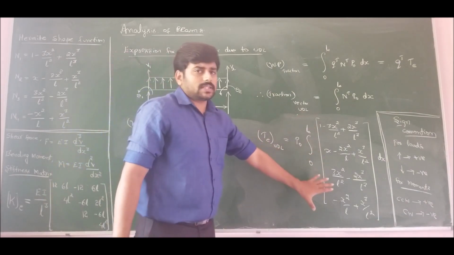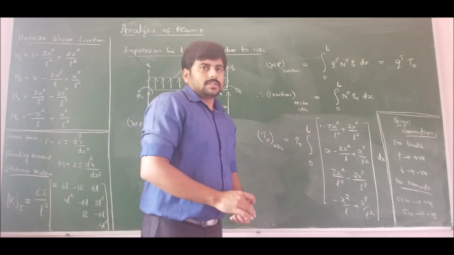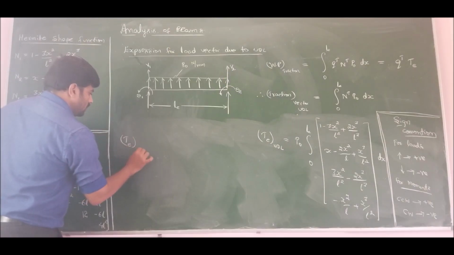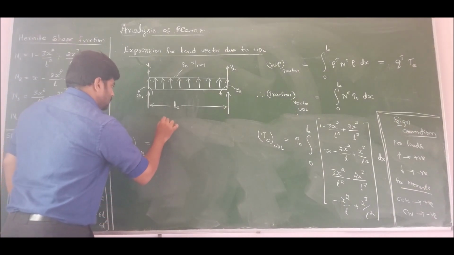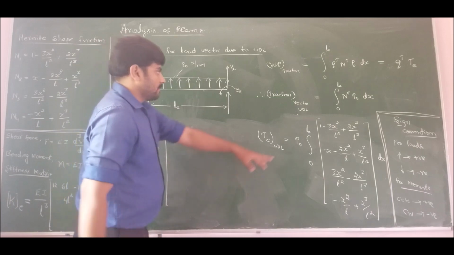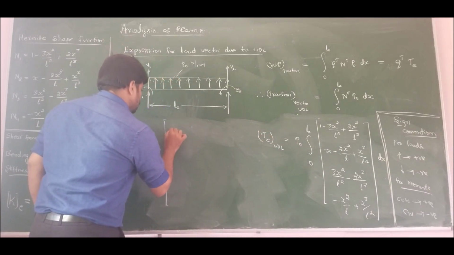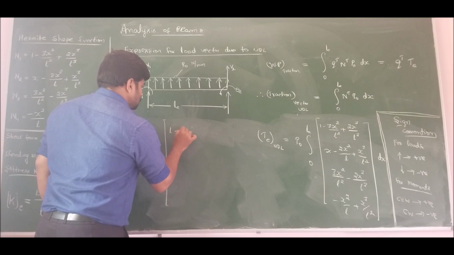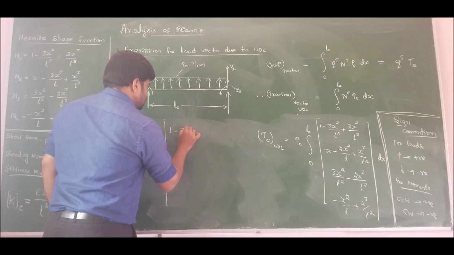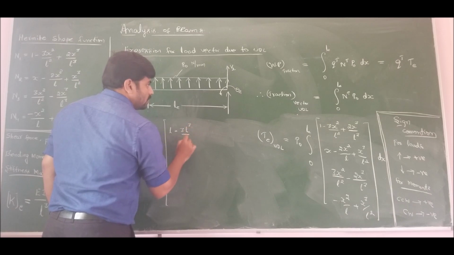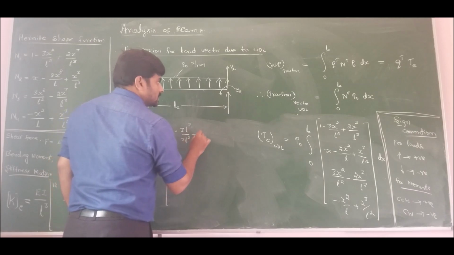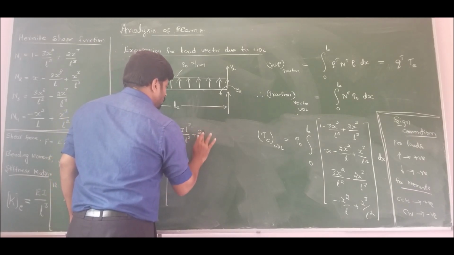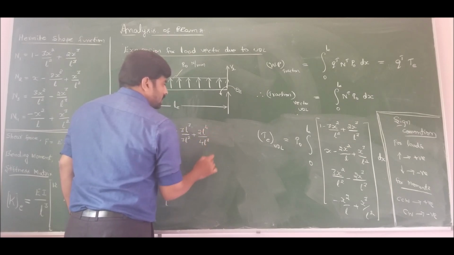So now let me integrate these shape functions with respect to x and substitute the limits 0 to LE. Traction force due to uniformly distributed load is equal to P naught times: integrating N1, I get L minus 3 times L cube divided by 3L square plus L to the power of 4 divided by 4 L cube.